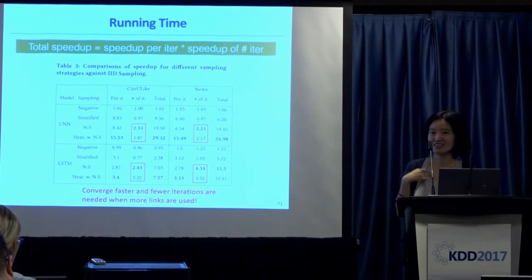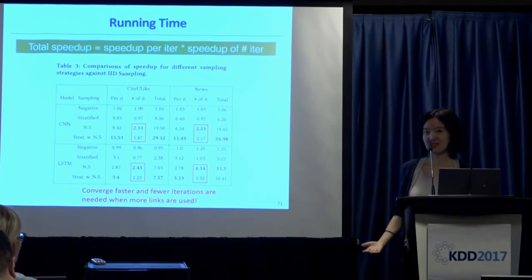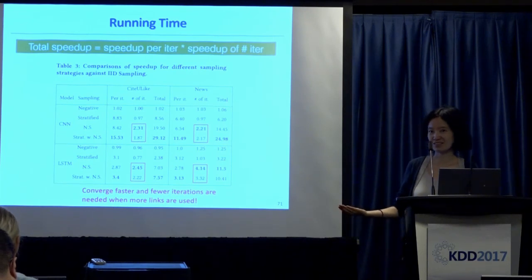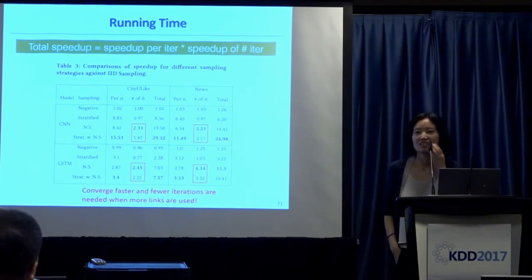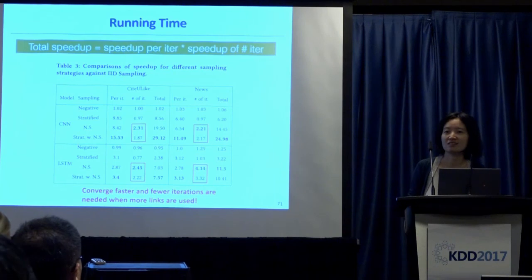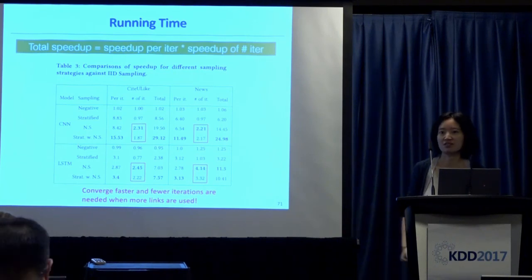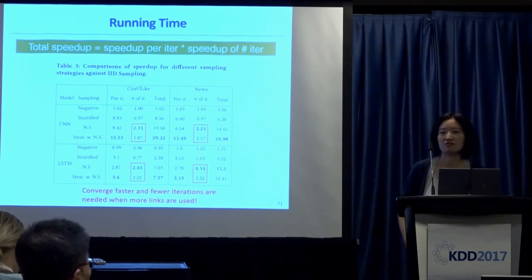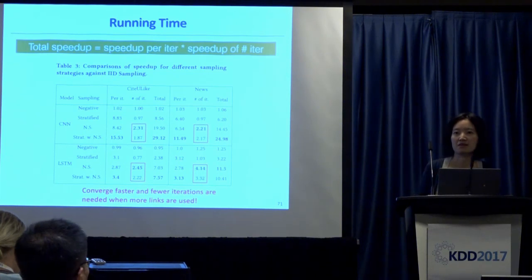So when you're talking about data points, are you referring to this? Probably you are asking this. Okay, I see. Because the number of iterations means the number of mini-batches we need. For negative sharing, we need fewer iterations, so essentially we don't need to touch that many data points. Do you have any intuition behind why you need fewer iterations?